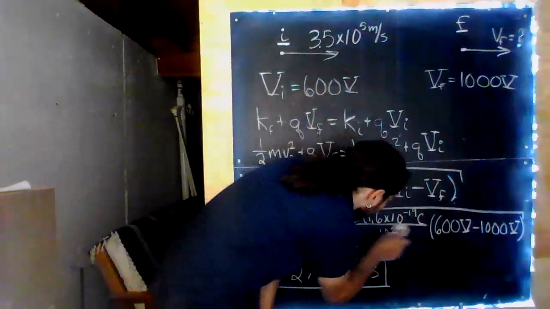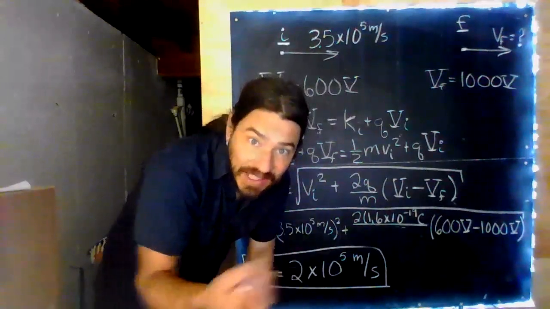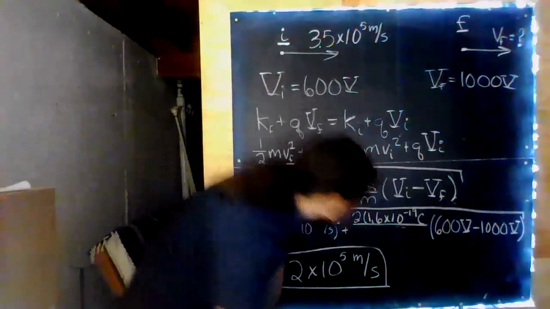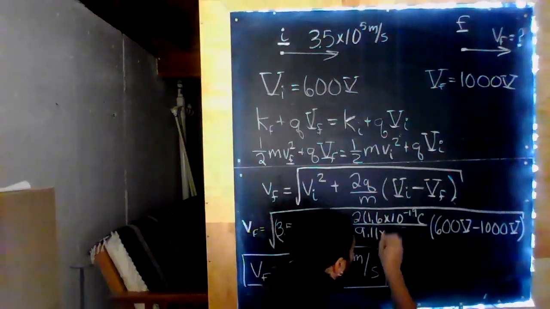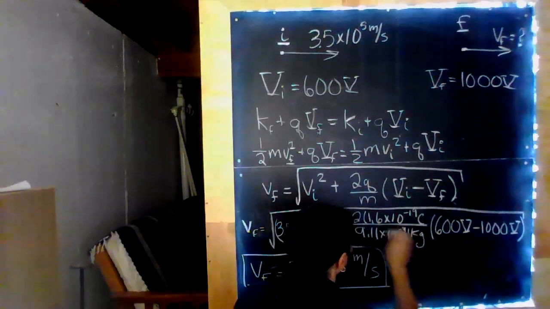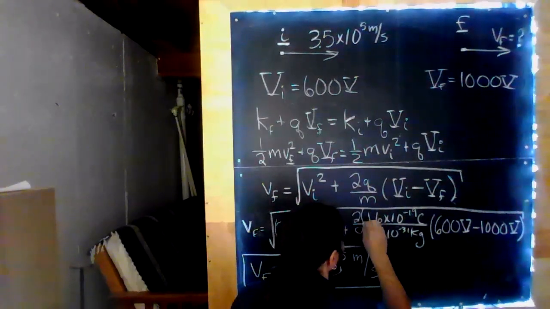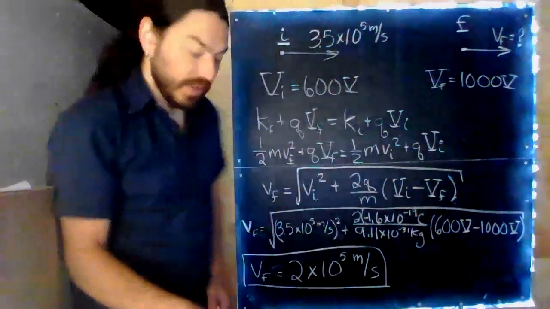The mass is much, much smaller. An electron's about 1/2000th the mass of a proton. And so we'll need to change that. And an electron is negative. So we throw a negative sign in front of the charge.